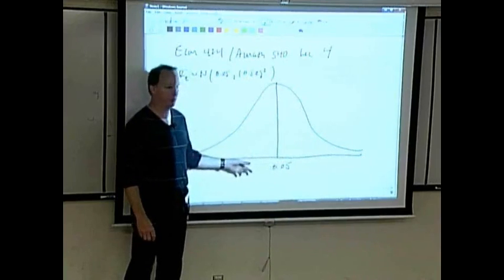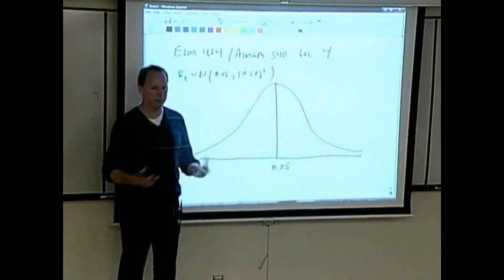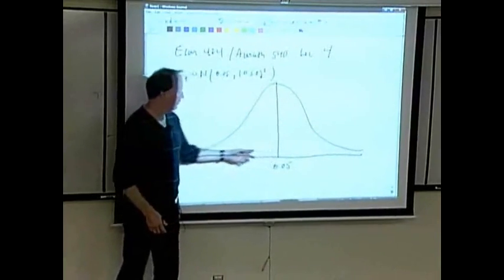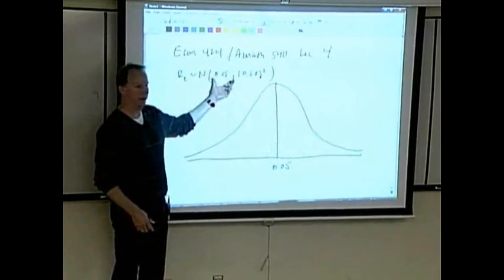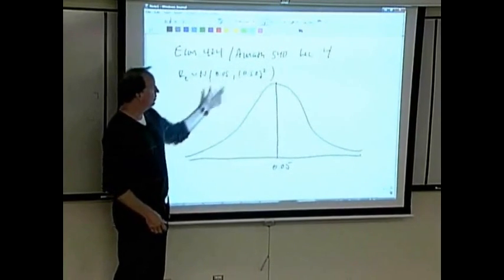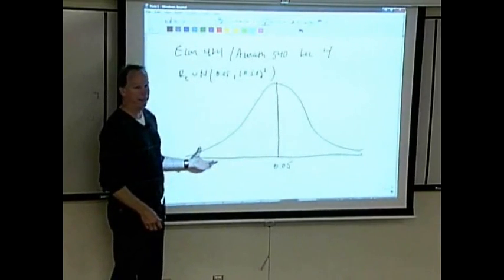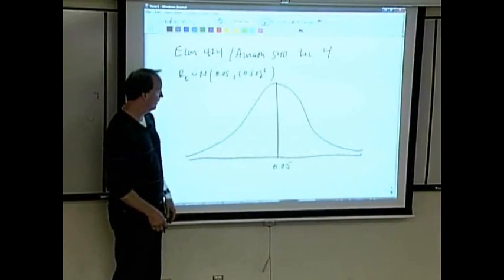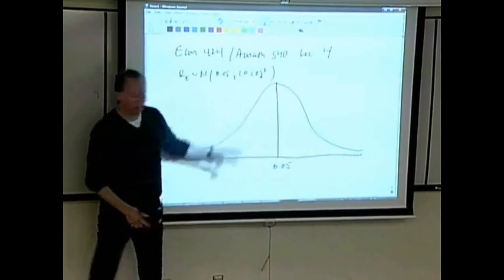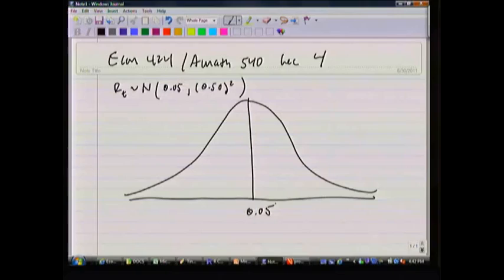We go out plus or minus 1 standard deviation, we get 67% of the area. We go out plus or minus 2 standard deviations, we get 95% of the area. You go out plus or minus 3 standard deviations, you get 99% of the area. Okay? So if this is mu_r, we can go mu_r plus sigma_r, and then we can go down mu_r minus sigma_r.